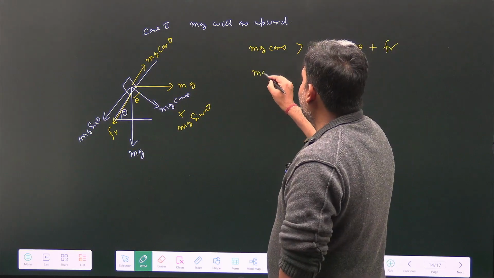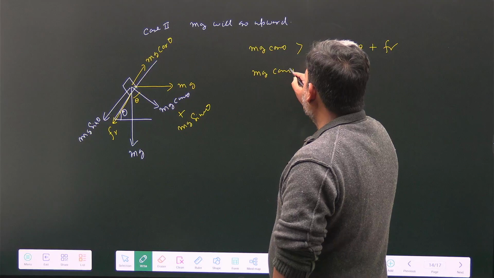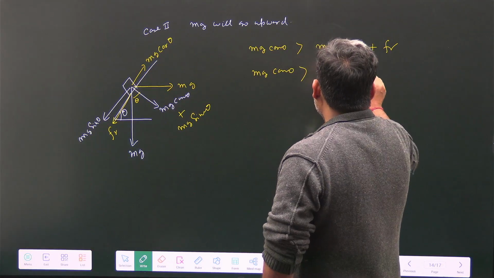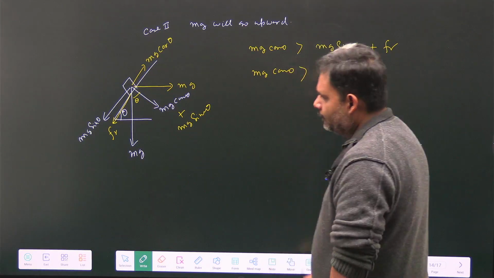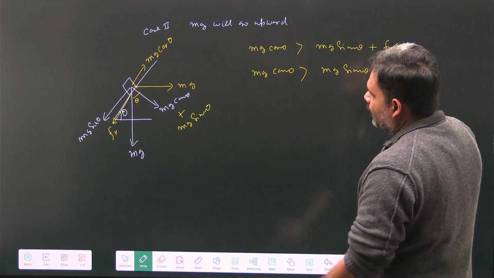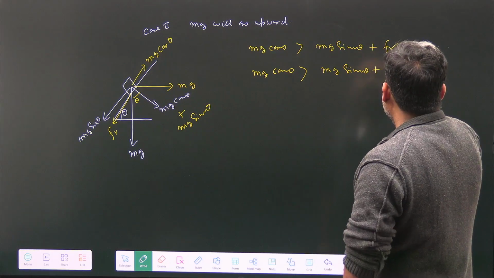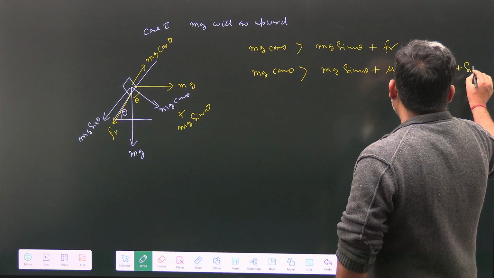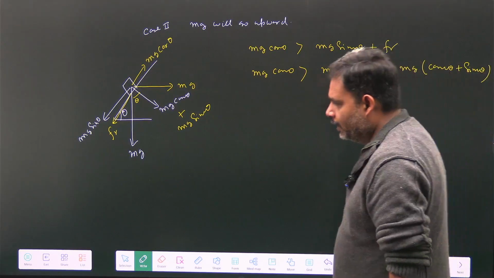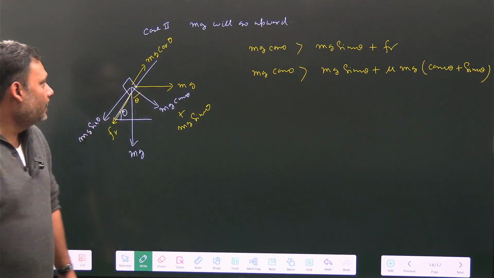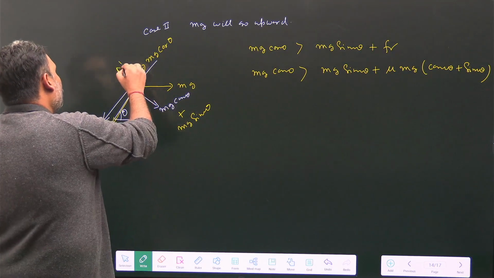That is, mg cos theta must be greater than mg sin theta plus mu mg (cos theta plus sin theta). Okay, so you can see the normal force itself is increased. This is your direction of normal force.